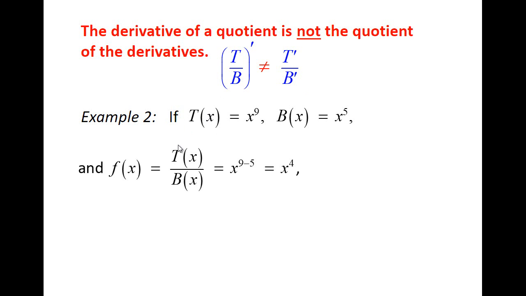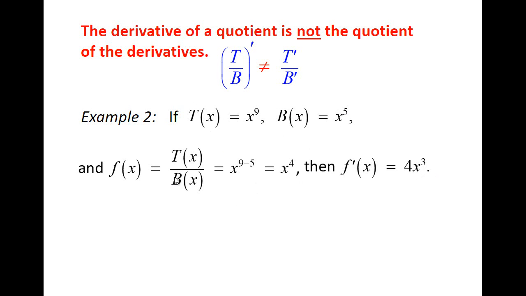Then the quotient t over b would be simply x to the 9 over x to the 5, but x to the 9 divided by x to the 5 is x to the 9 minus 5, which is x to the 4. So we see that the quotient t over b is just x to the 4, and so the derivative of the quotient t over b is 4x cubed.